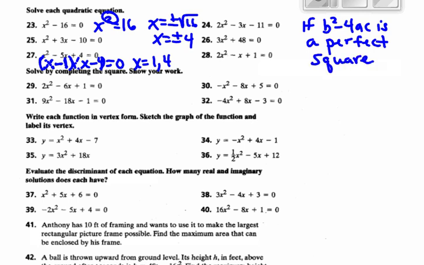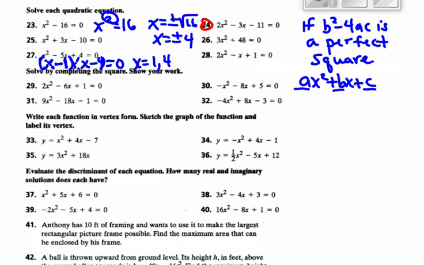If that's true, remember b squared minus 4ac, that's from the standard form of a quadratic, which is ax squared plus bx plus c. So there's my a, b, and c. So if I do b squared minus 4ac from there, if that number comes out to be a perfect square, then it will factor. So let's just test one of these right here.